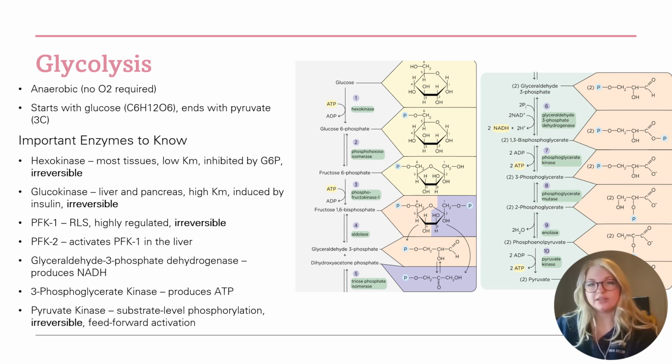PFK2 is activated by insulin, which will convert a small amount of fructose 6-phosphate to fructose 2,6-bisphosphate, which in turn activates PFK1. In the other case, PFK2 is inhibited by glucagon, which reduces the amount of fructose 2,6-bisphosphate produced, thus inhibiting PFK1 as a result.